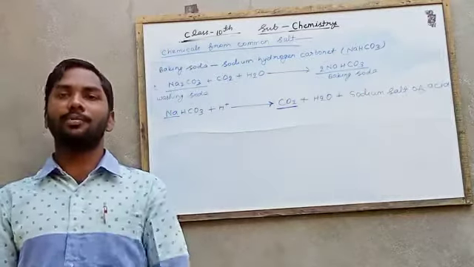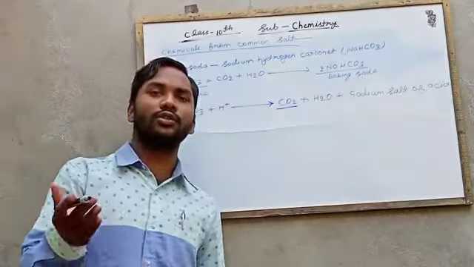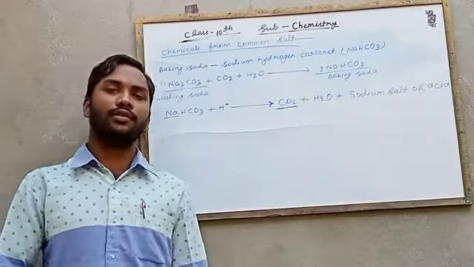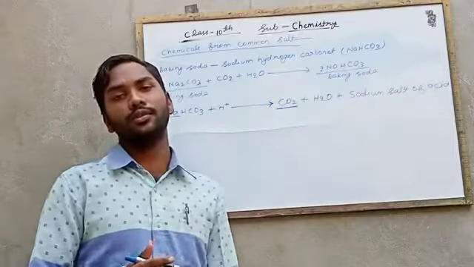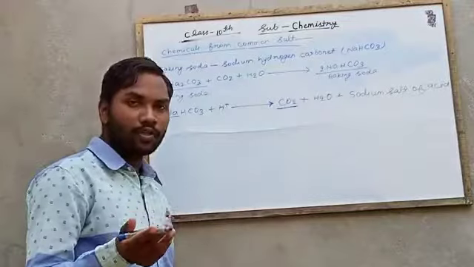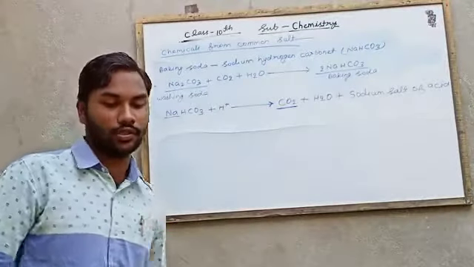An antacid is the material used when we have acidity in our stomach. So baking soda is used in antacids.